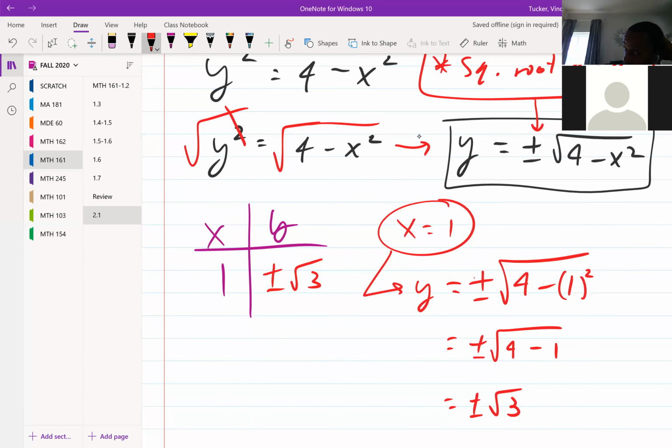All right. So this means that when I plug in 1, I get out positive square root of 3 and negative square root of 3. I get out 2 values.